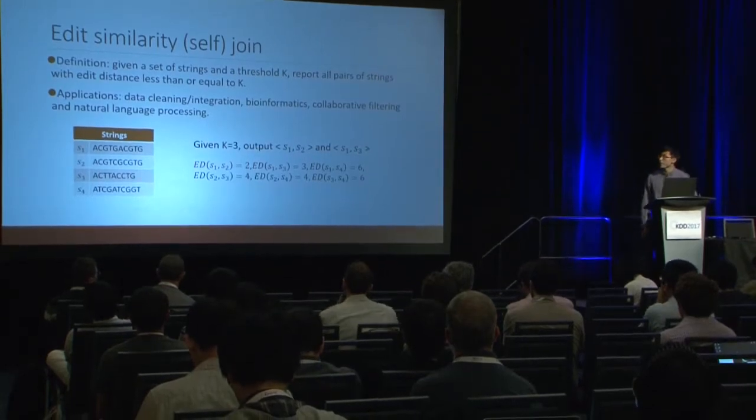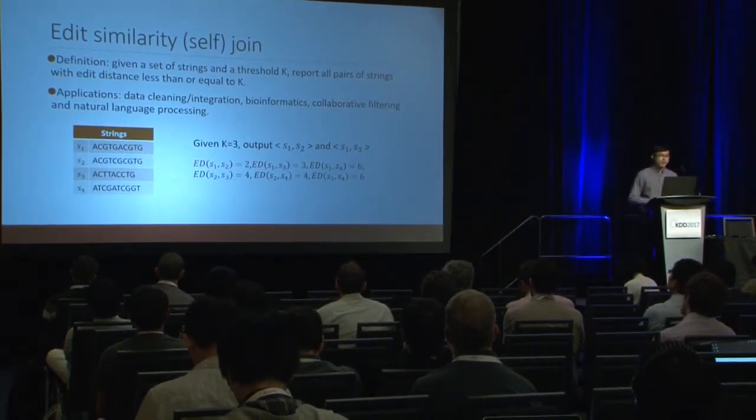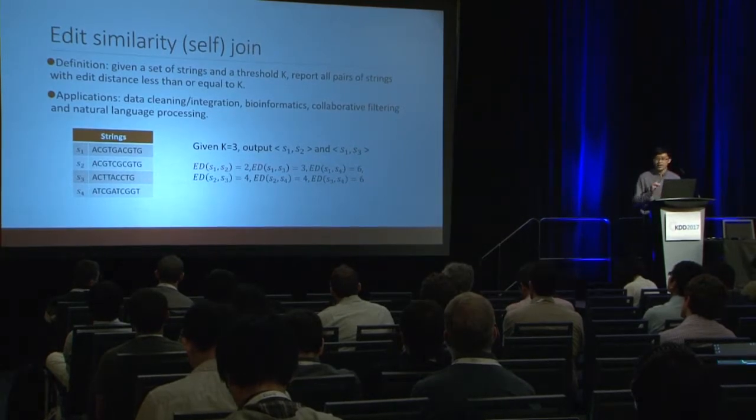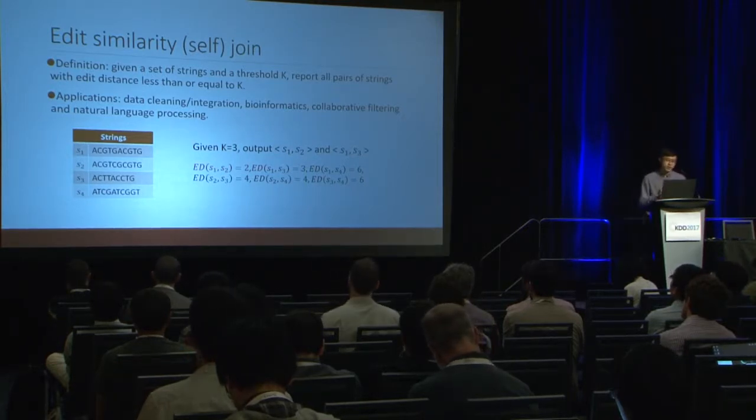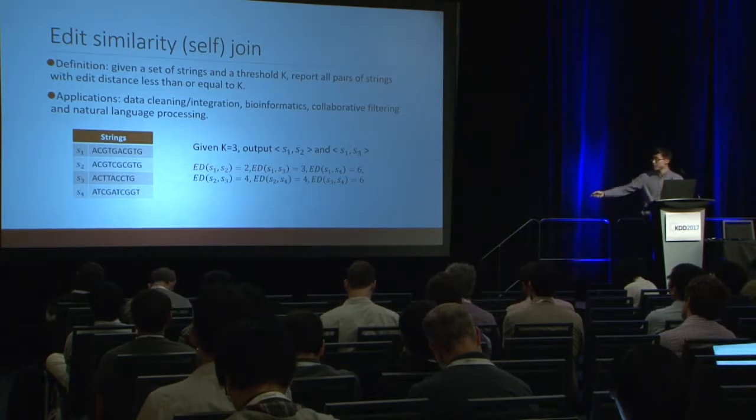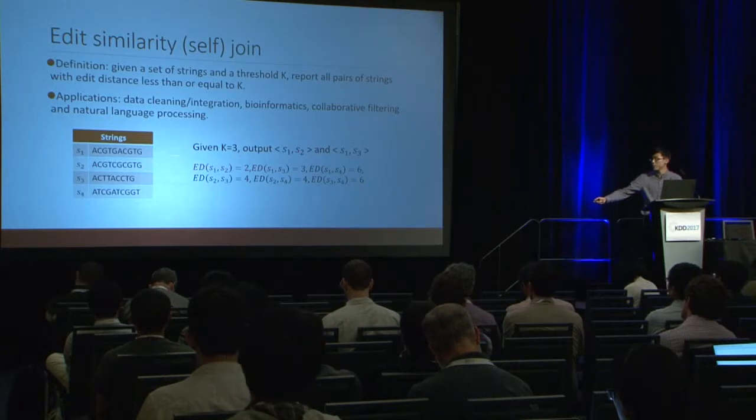So the edit similarity join, given a collection of strings and an edit threshold k, reports all pairs of strings with edit distance less than or equal to k. Consider we have a database with 4 strings, S1 to S4, and here is the pairwise distance between them.